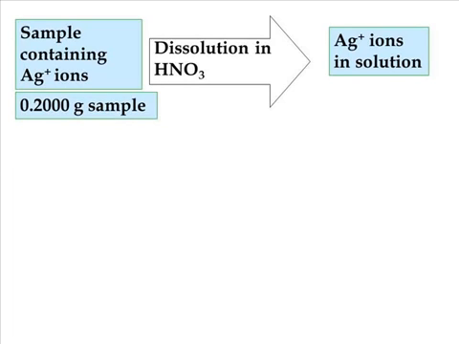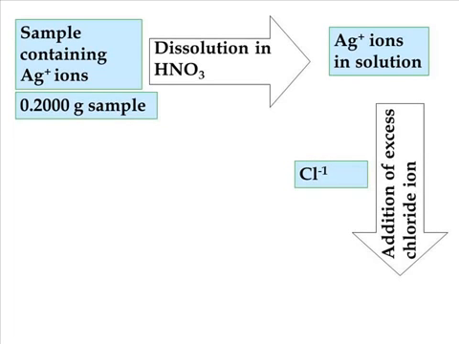This will release the silver ions into solution. You will use the chloride ion, and you will use excess of it to make sure that you precipitate all of the silver ions into the known compound silver chloride, a very insoluble chloride.